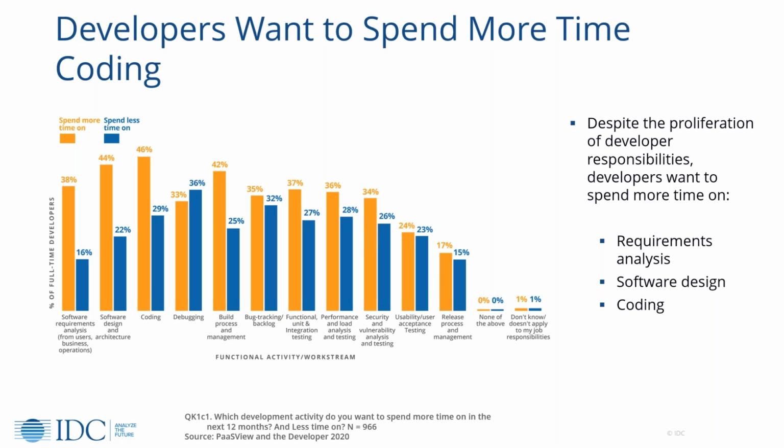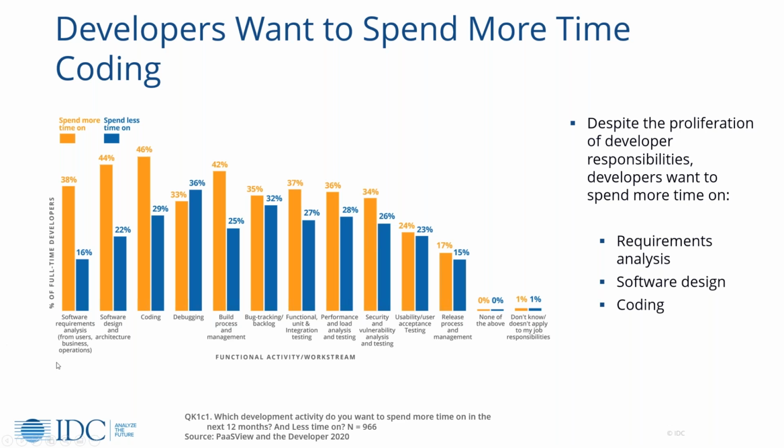So despite the proliferation of responsibilities that we saw in the previous slide, our finding here is that developers want to spend more time coding and less time on operational responsibilities. This slide illustrates activities that developers want to spend more time doing in orange and those that they want to spend less time working on in blue.